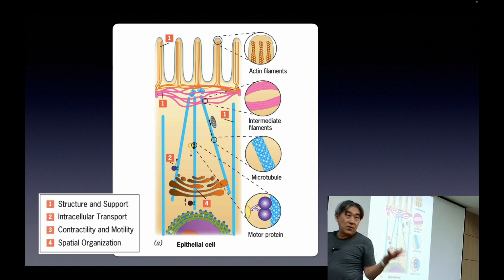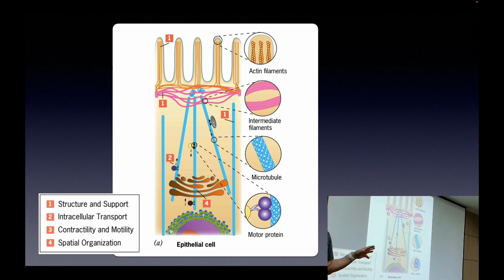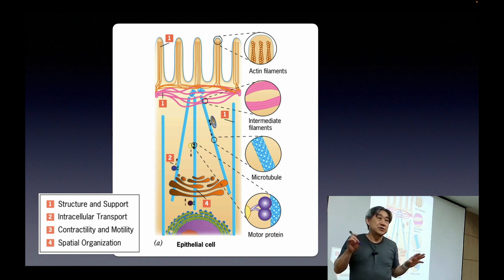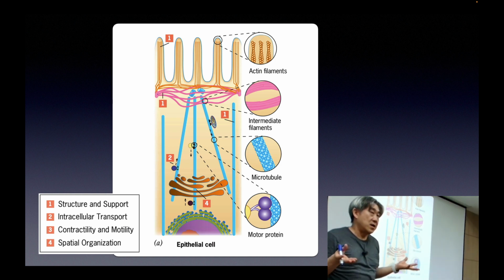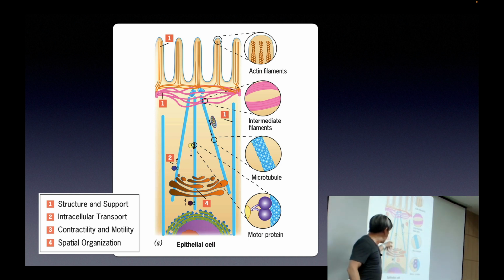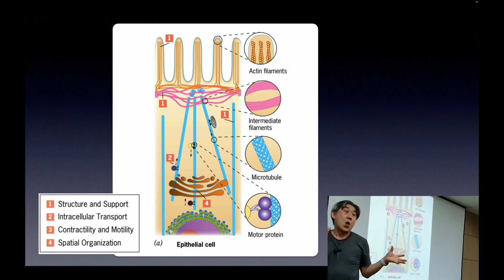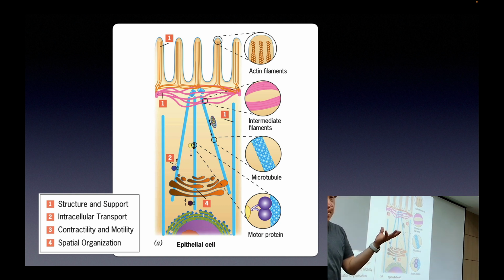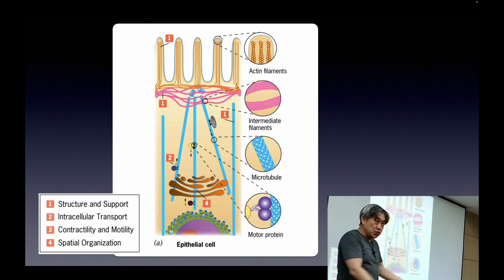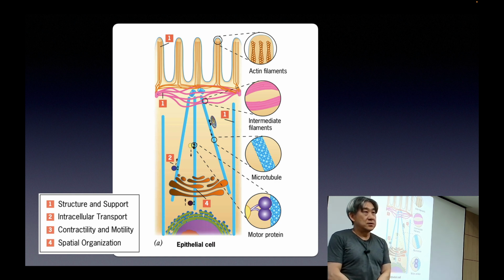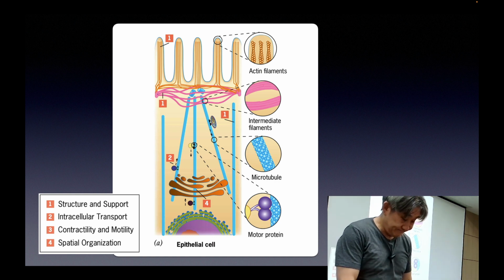So all those are the functions of different types of motor proteins. And all these motor proteins are on each rod-like cytoskeleton. That's the reason why any cargo that we need to ship can move along the cytoskeletal road. Okay?